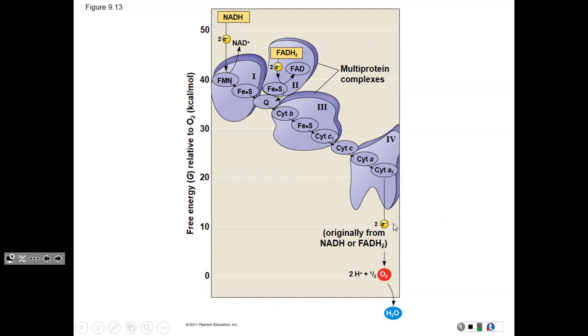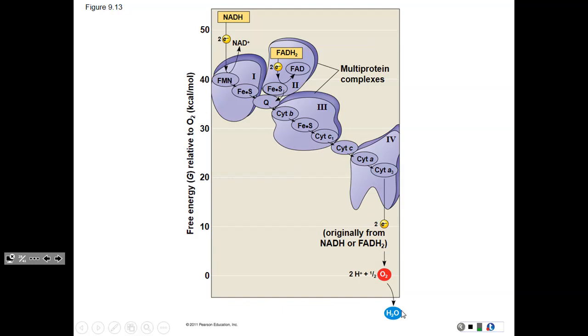At the end of the process, where we started with high energy electrons, we end up with low energy electrons, and those low energy electrons get foisted off onto something else, specifically oxygen, to make the lowest of the low energy molecules that we talk about, water. The ultimate recipient of these high energy electrons is oxygen, and they get used to make water.